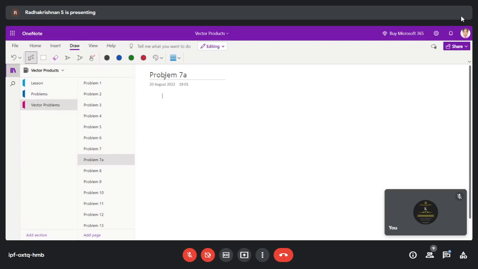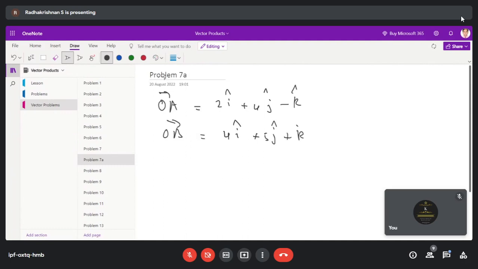The three vectors are given. Now you find out AB, BC, and CA.